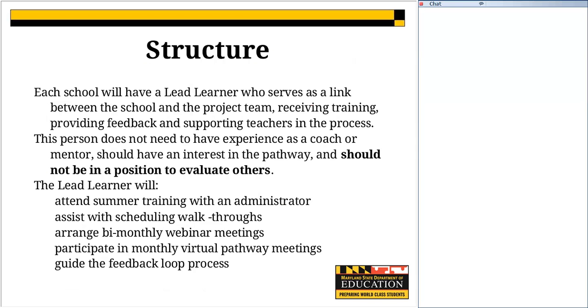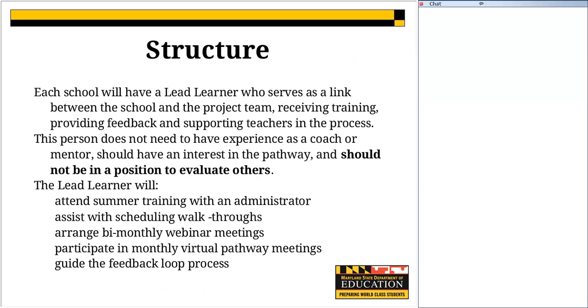That is a lead learner. That's not an administrator. That's not someone who evaluates others in any way. So sorry if you are a department chair, but you also evaluate teachers. This is not you. It needs to be somebody who teachers can feel comfortable with coming and going from the classroom without any sort of implication or evaluation consequence.